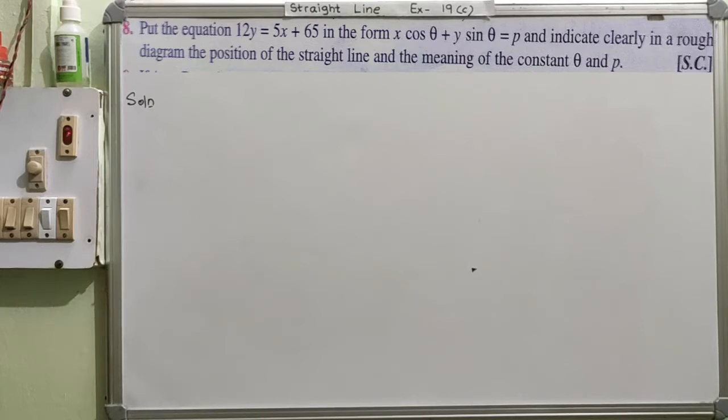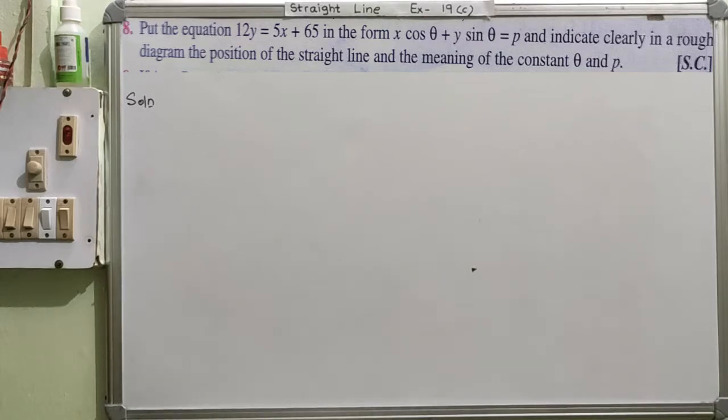We have the first equation in the general form and then another equation in the perpendicular form. So we are asked to convert this general form into perpendicular form and indicate clearly in a rough diagram the position of the straight line and the meaning of the constants theta and p.